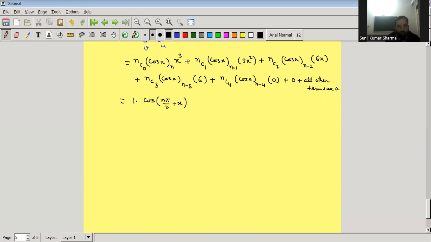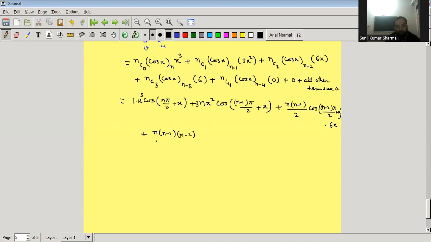So we can write 1 into x cube plus nC1. nC1 is n, into 3x square, so we can write 3n x square, the (n minus 1)-th derivative of cos x, so cos((n minus 1) pi by 2 plus x), plus nC2, n into (n minus 1) upon 2 factorial, that is 2, cos((n minus 2) pi by 2 plus x) into 6x, plus nC3, n into (n minus 1)(n minus 2) upon 3 factorial, that is 6, cos((n minus 3) pi by 2 plus x) into 6, plus 0, 0, 0.